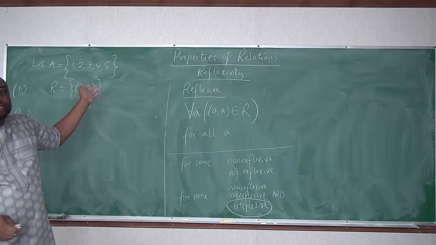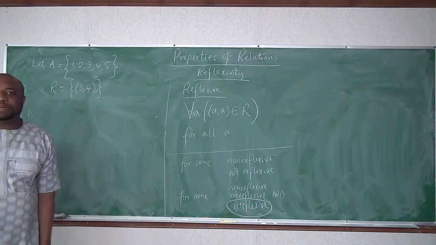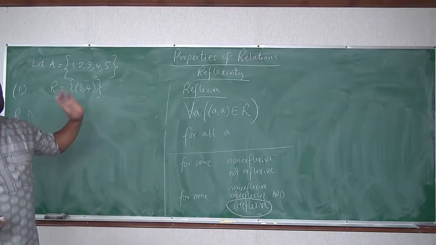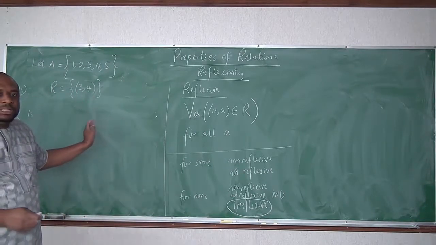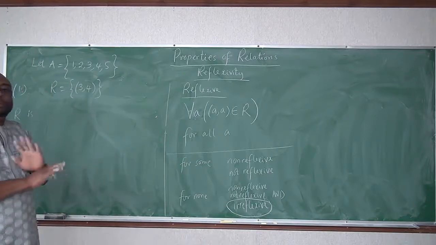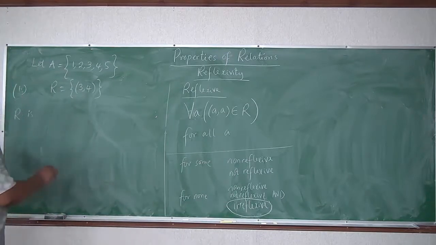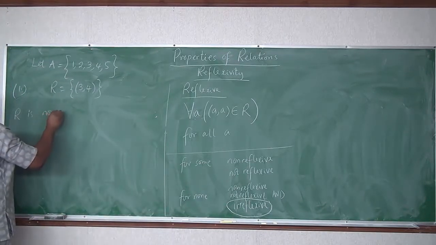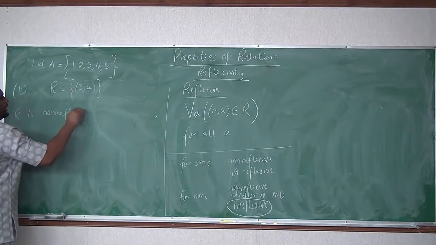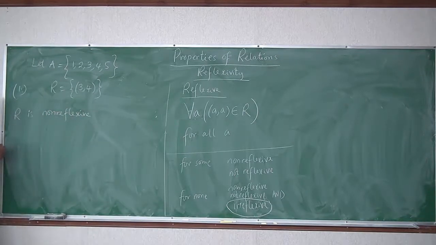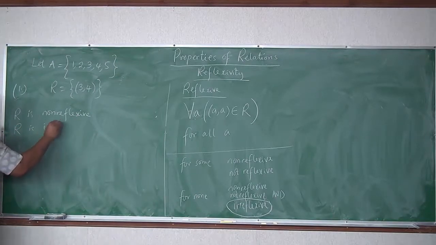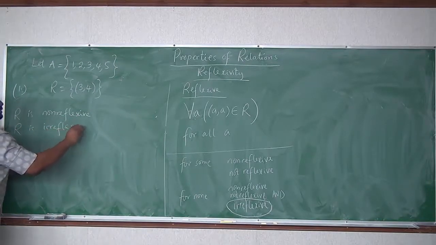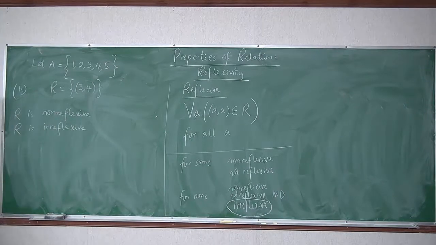The edge is 3, 4. The initial vertex of the edge is 3. The terminal vertex of the edge is 4. So because of this, this is non-reflexive. Because it is not reflexive, it is non-reflexive, and it is also irreflexive.